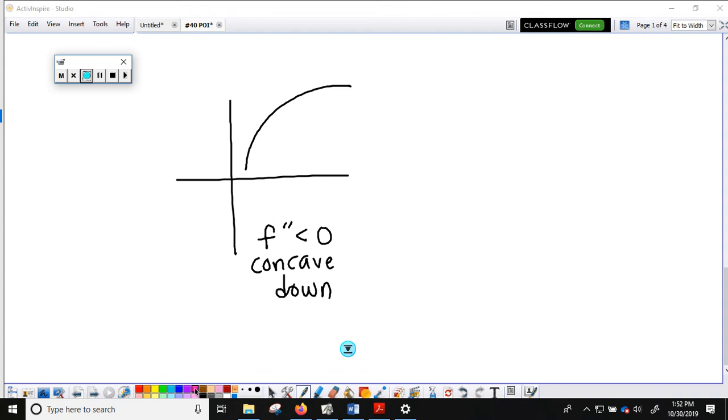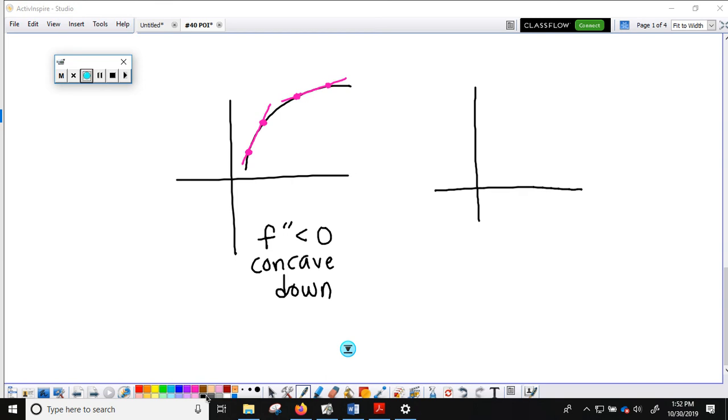So if I pick 2 points on the graph, say here, it'd have a positive slope. If I pick 2 other points, here, it would still have a positive slope, but that slope would be less. The slope is decreasing. So the second derivative is a slope of a slope. It tells us how the slope is changing.